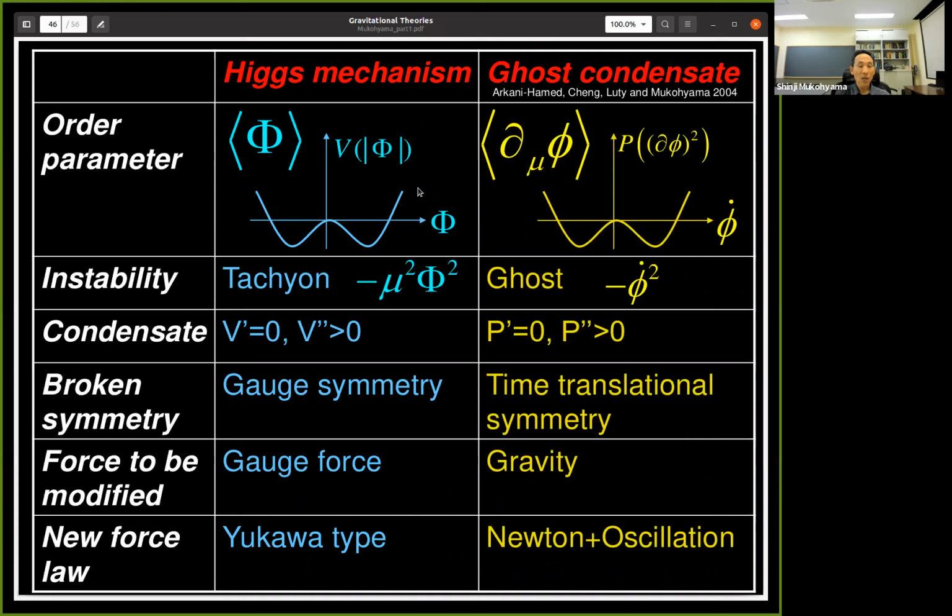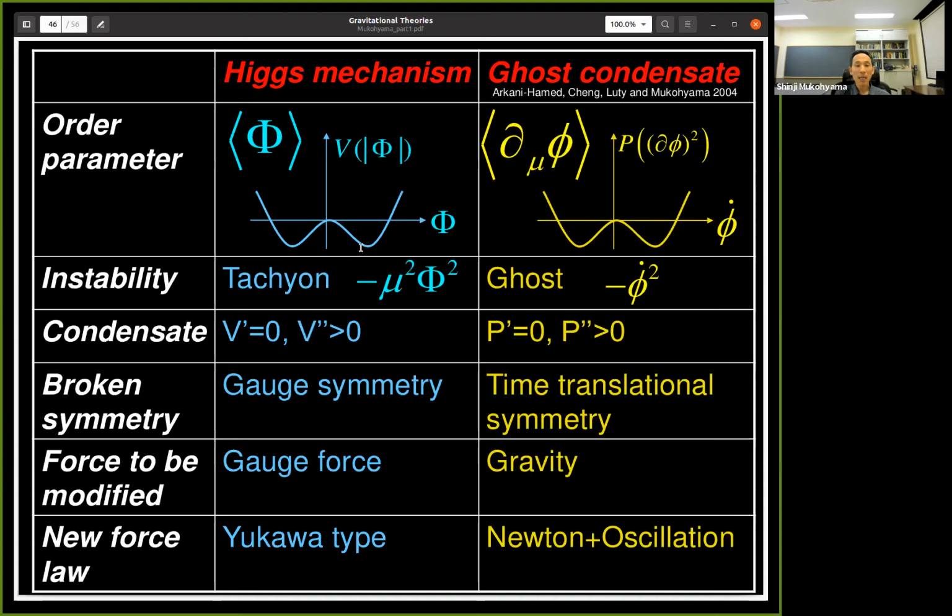In the Higgs mechanism we consider a potential like this. We have an instability here, the so-called tachyon, but we have nice minima here, where the first derivative is 0 but the second derivative is positive. So the scalar field can condense here or here.